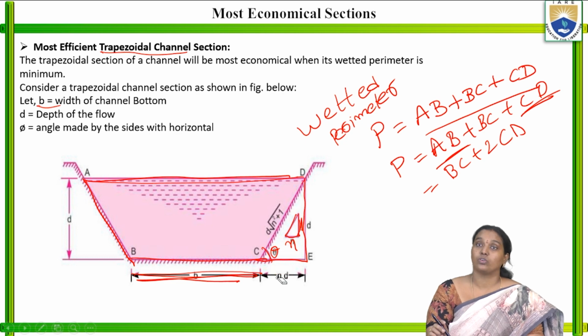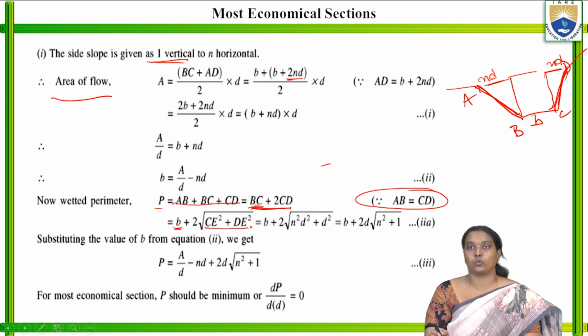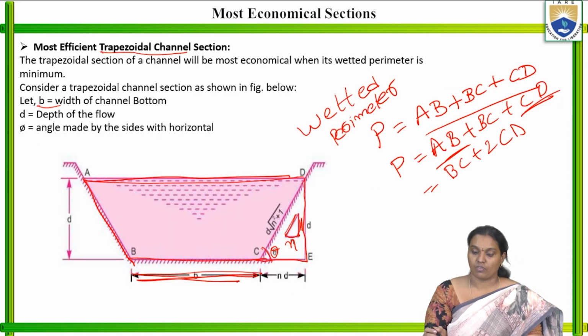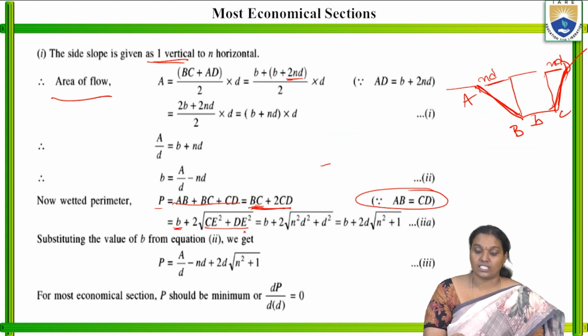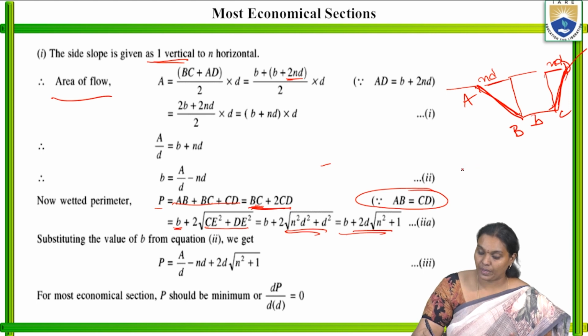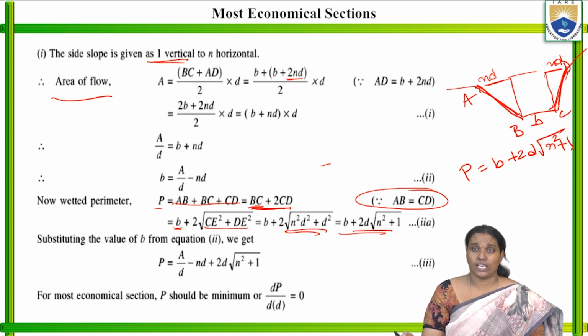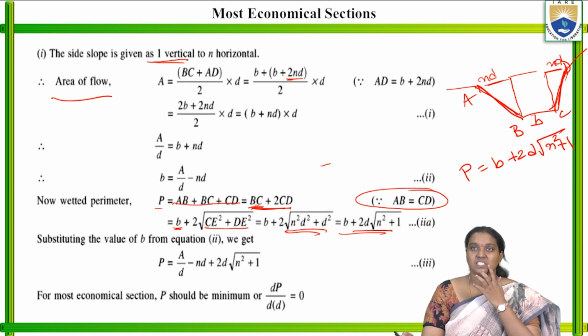This is n into D, so root of C square plus D square. Substitute in this. Finally we will get wetted perimeter P is equal to B plus 2D root n square plus 1.